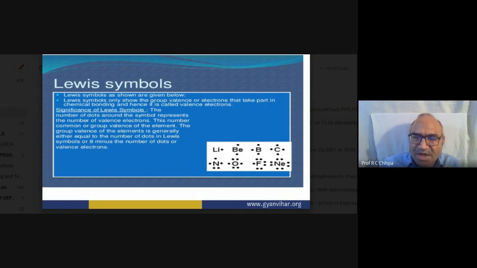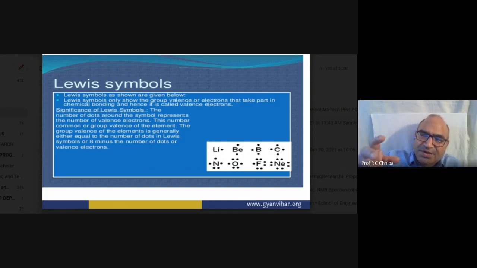So covalent bonding is the sharing of electrons, and in ionic bonding the electrons are transferred. The third one is the coordinate bonding. So what we have to see is that electrons are either completely transferred or shared.